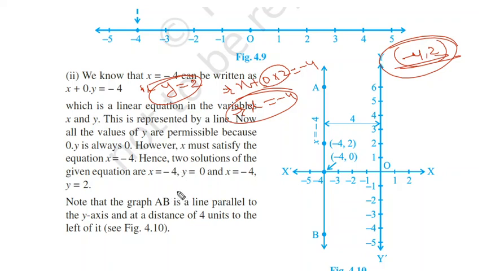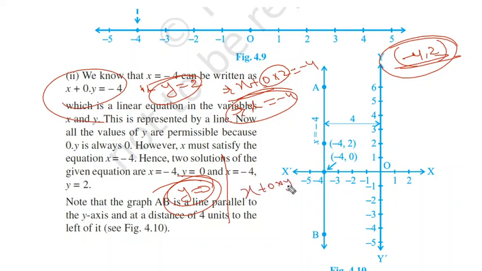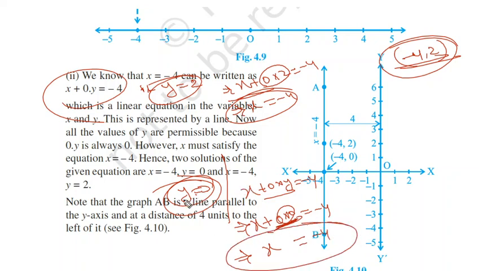Suppose we take y equal to 0. Now we put this value of y in the equation. x plus 0 into y equal to minus 4 implies x plus 0 into 0 equal to minus 4, and 0 into 0 is 0. So x will be equal to minus 4. So we got another solution, x equal to minus 4, y equal to 0, that is minus 4, 0.